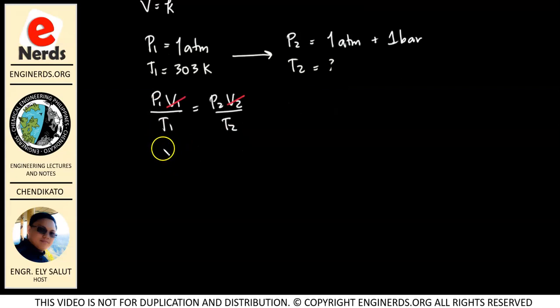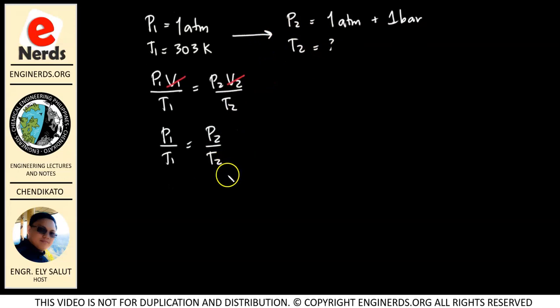Therefore, we will have P1 over T1 is equal to P2 over T2. Okay? So what we are looking for is T2. So, let us isolate T2. Okay? So, we have T2 is equal to P2 times T1 over P1.